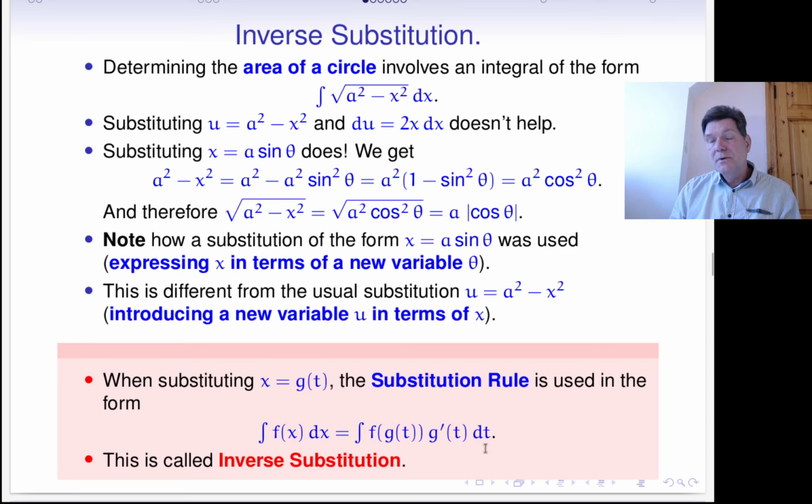Here we're going the other way. We're replacing the integral over f of x dx by the integral over f of g of t times g prime of t dt in a process called inverse substitution. Let's see this in action.